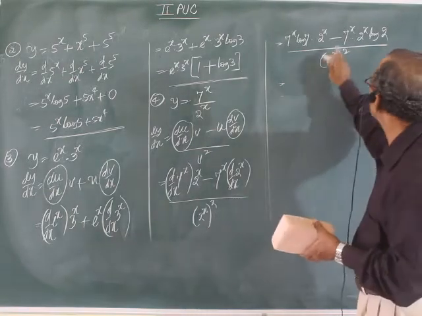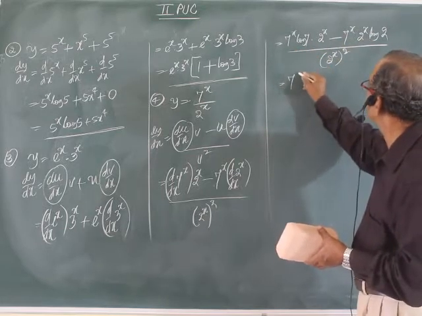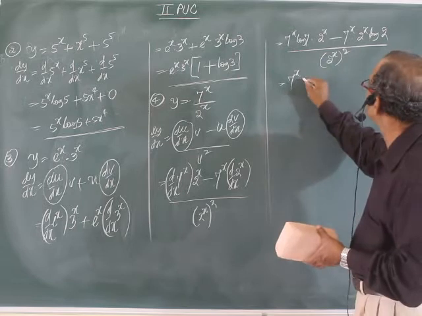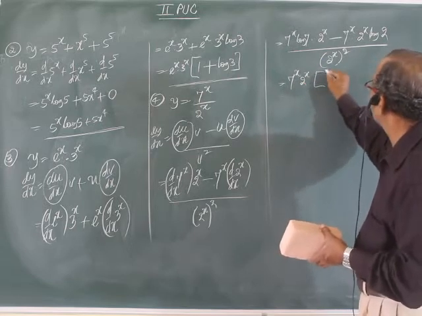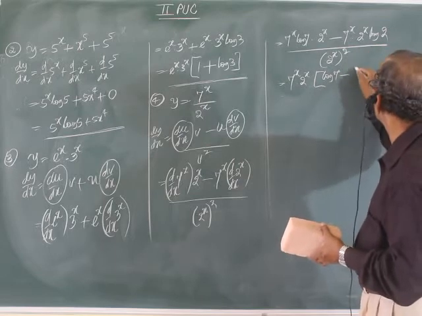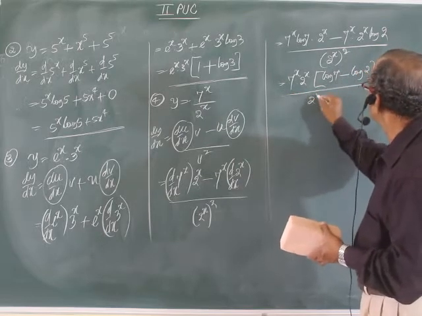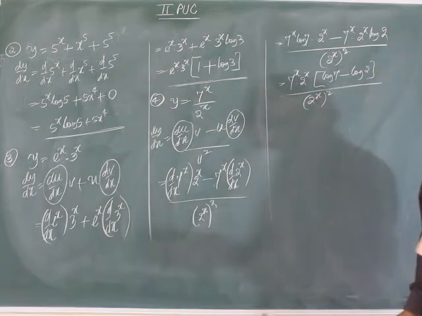Or here you can observe that 7 to the power x and 2 to the power x are common. Log 7 minus log 2 by 2 to the power x whole square.